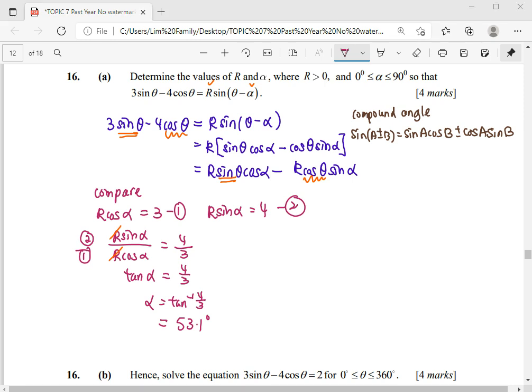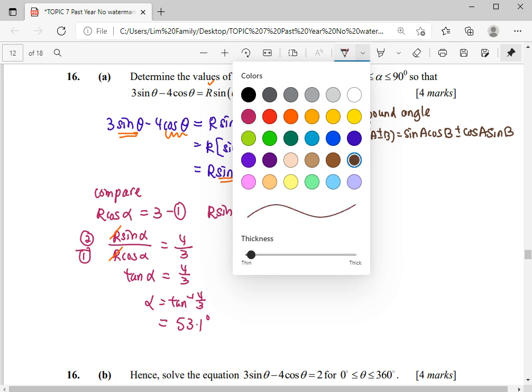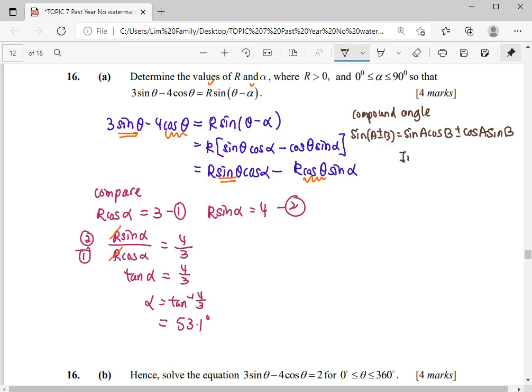Now, in order to find R, we will use the identity formula. The identity is sine squared theta plus cos squared theta equals 1. You can see our trigonometry terms are in power 2. Sine squared plus cos squared equals 1.